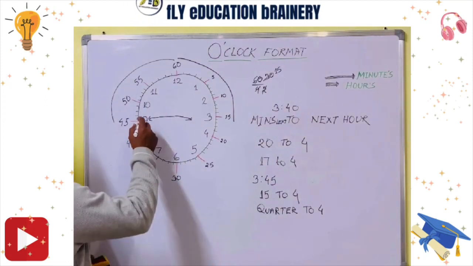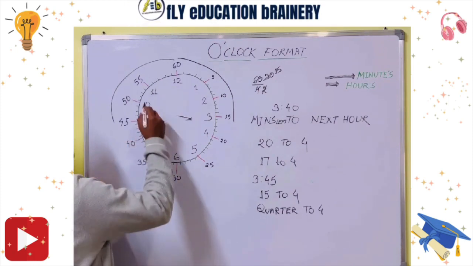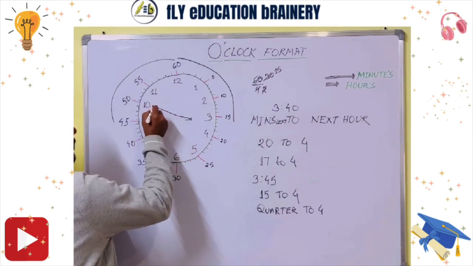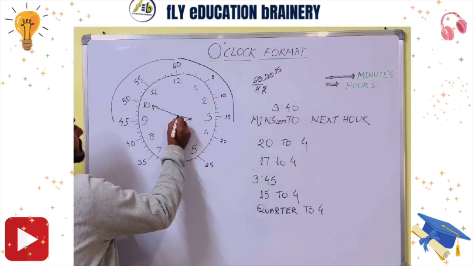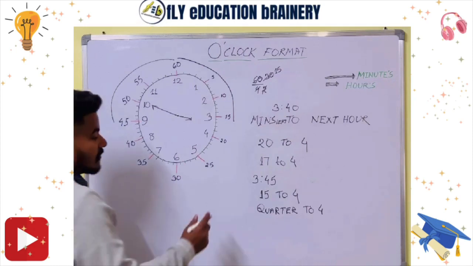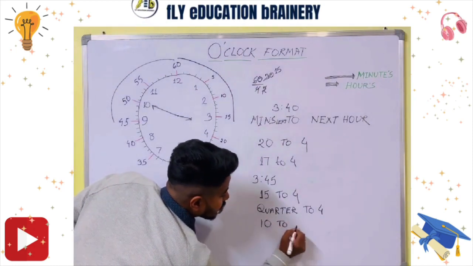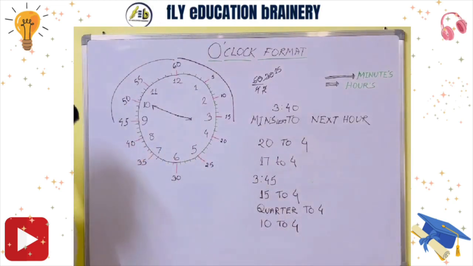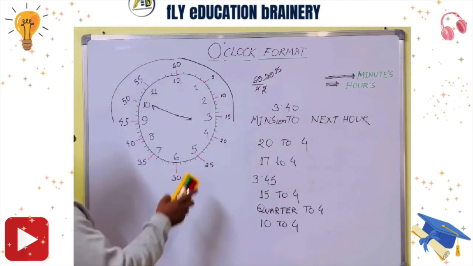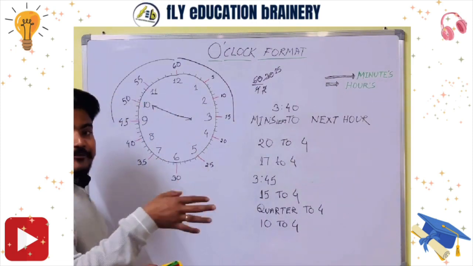Now after that, suppose it's 3:50. How many minutes are left for 4 o'clock? 10 to 4. Okay, 10 minutes are left to 4. When 5 minutes will be left, it will be 5 to 4.